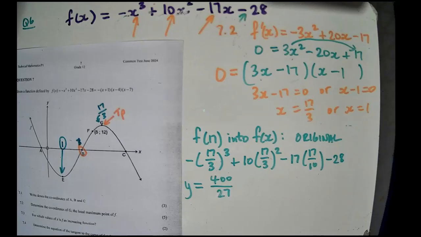The answer is 400 over 27. So G is 17 over 3 for the x and 400 over 27 for the y. You can also write that as a decimal if you wish. So 400 divided by 27 will be equal to 14,81. Okay, so 14,81.